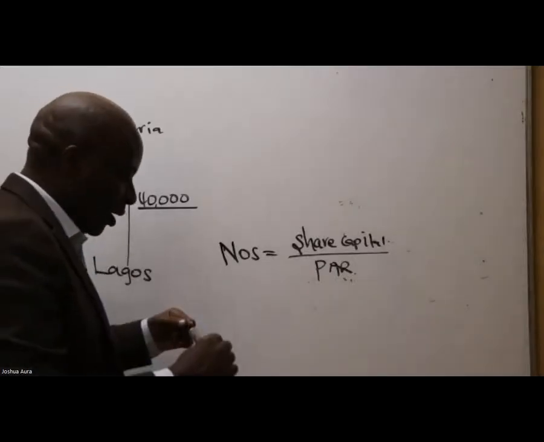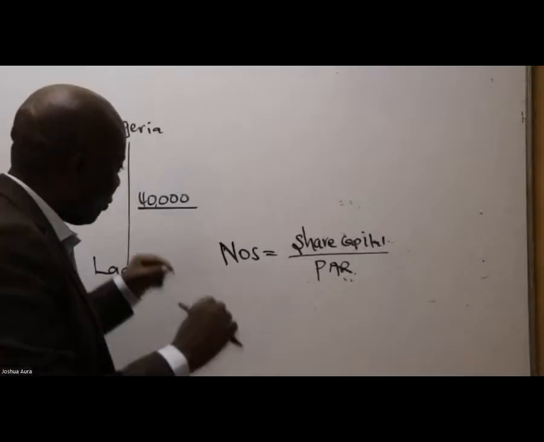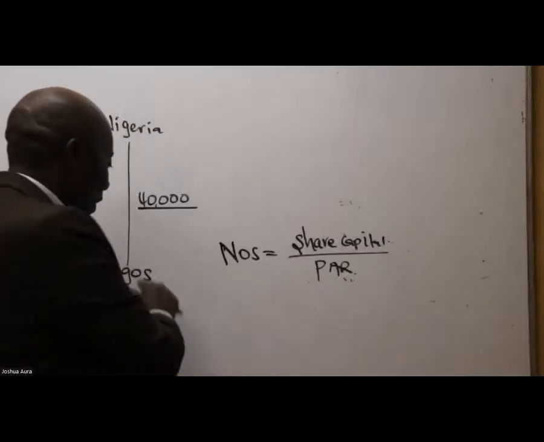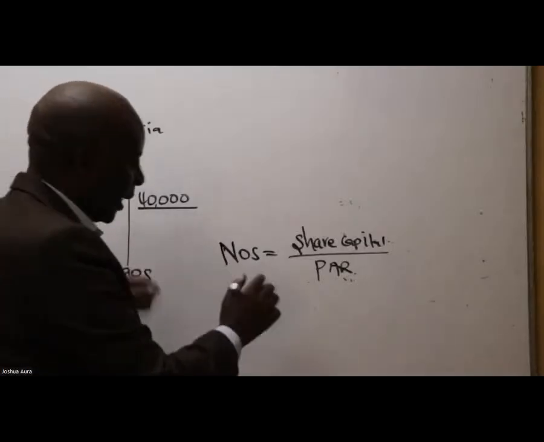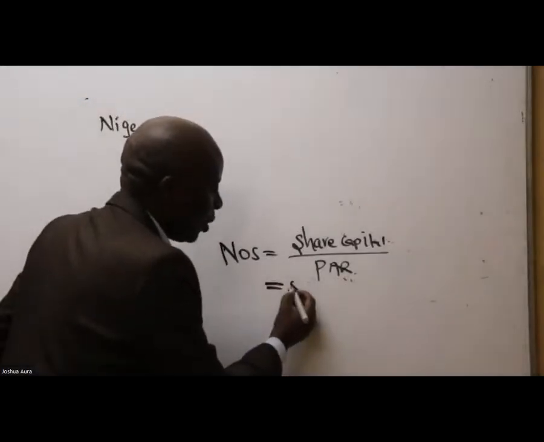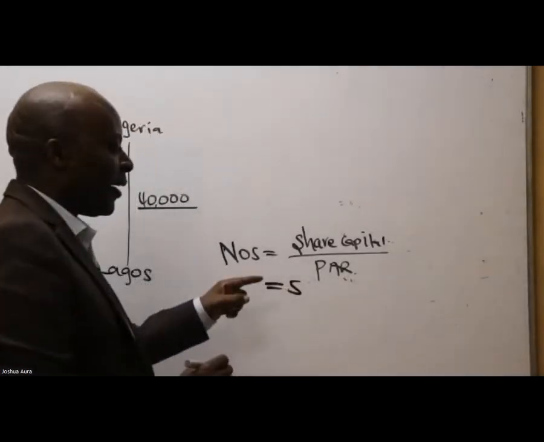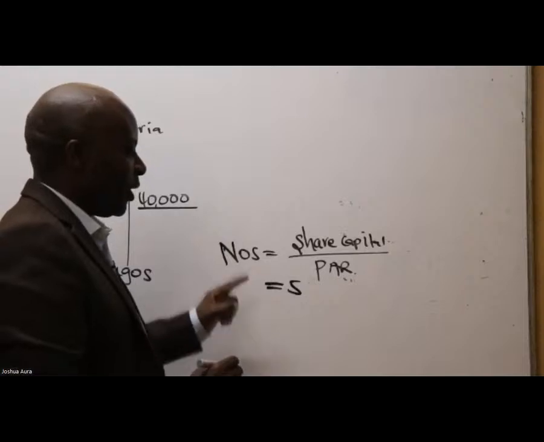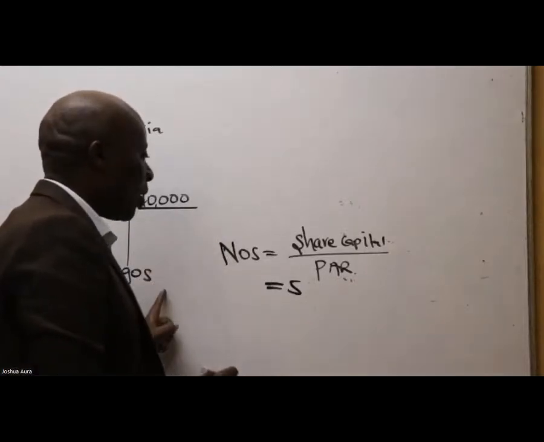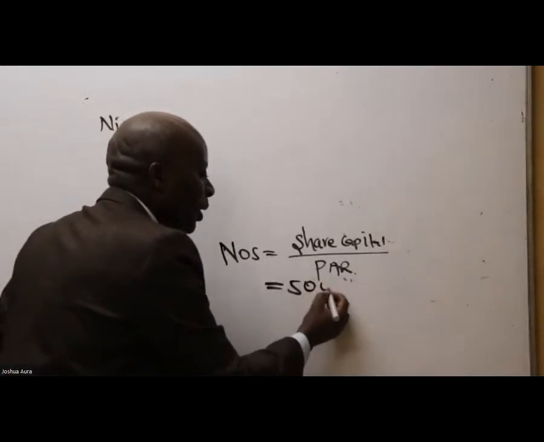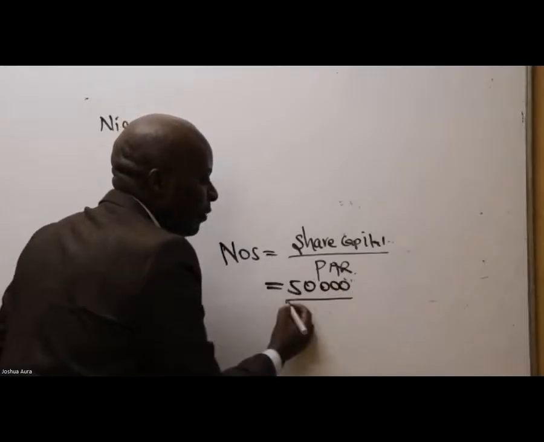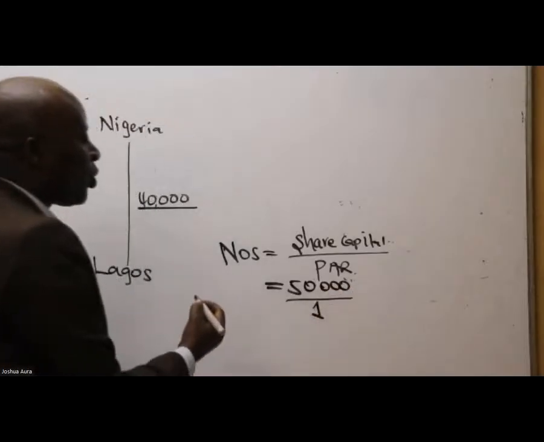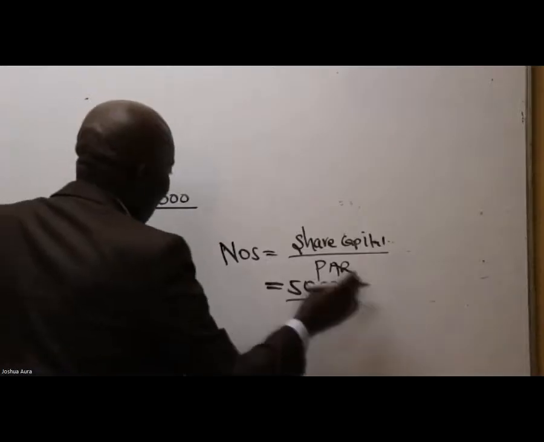We bought 40,000 shares. How many shares does it have in total? The share capital of this company Lagos is 50,000, and the par value is 1. So in total, the number of ordinary shares is 50,000.